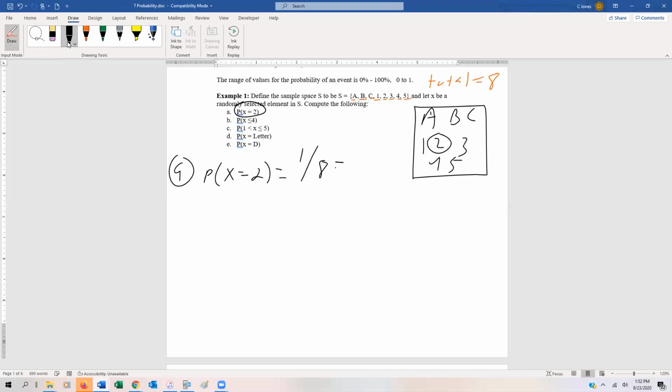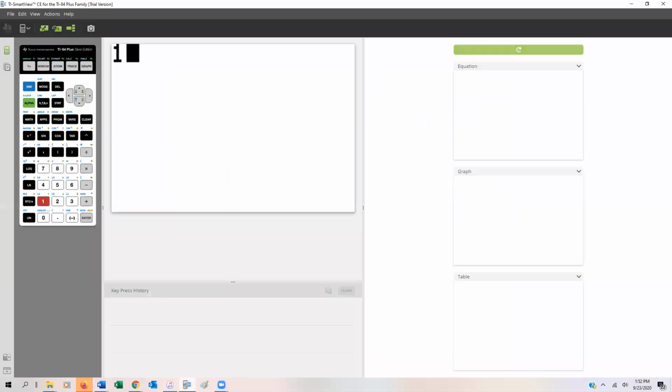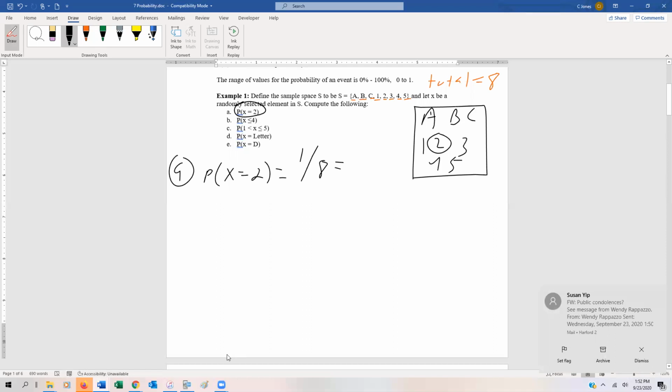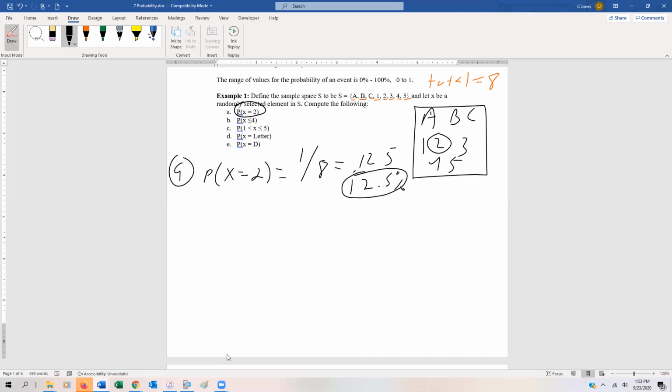We could write that as a percentage by typing 1 over 8 into the calculator, which gives 0.125. If we wanted to convert that into a percentage, that would be 12.5%. This is mostly what a lot of people understand. Most statisticians want 1 out of 8.